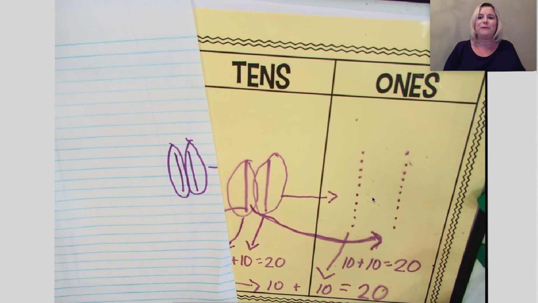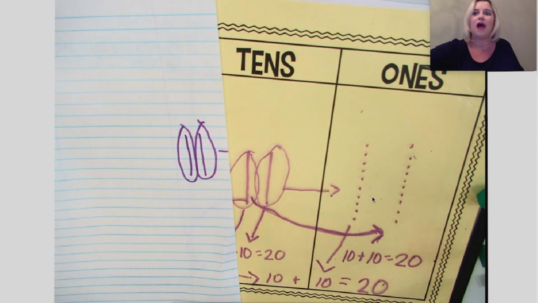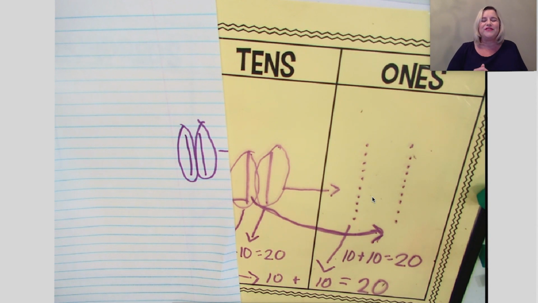Now I want you to pat your head and rub your stomach 20 times. 1, 2, 3, 4, 5, 6, 7, 8, 9, 10, 11, 12, 13, 14, 15, 16, 17, 18, 19, 20. Good job, boys and girls.